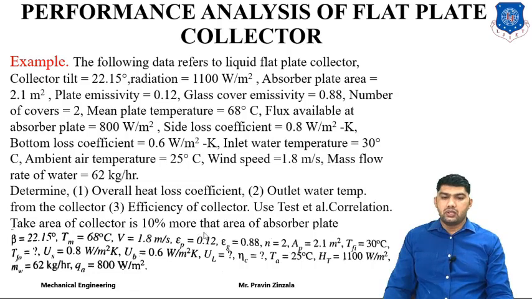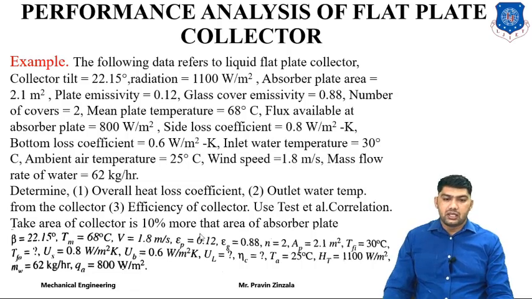First of all we have to calculate U_L, the total loss: side loss, bottom loss and top loss. Or we can also apply the thermodynamic equation m C_p delta T. Second is the outlet water temperature. We also have to calculate the outlet water temperature.